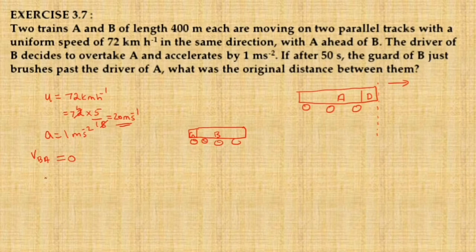Now for train B, u0 is equal to 0 and a is equal to 1 meter per second square. We have taken u0 is equal to 0 because the relative velocity of B with respect to A is equal to 0. So starting we can take the initial velocity as 0. Acceleration is 1 meter per second square. Now time is given, after 50 seconds, right? So t is equal to 50 seconds.